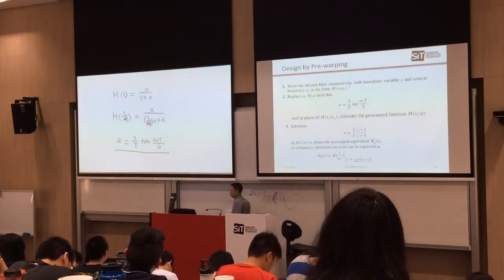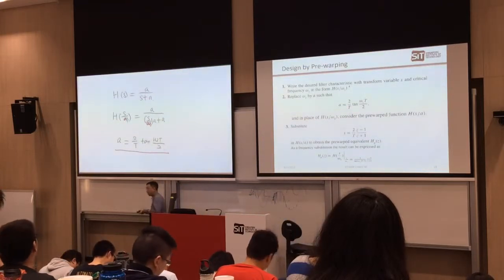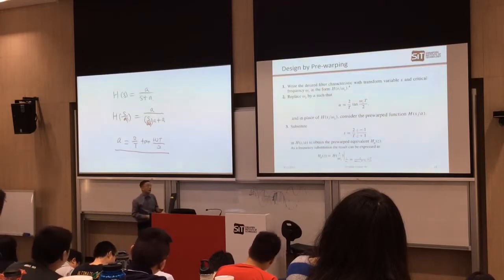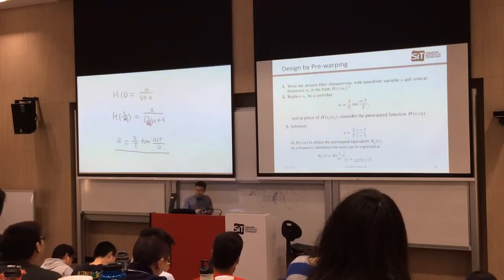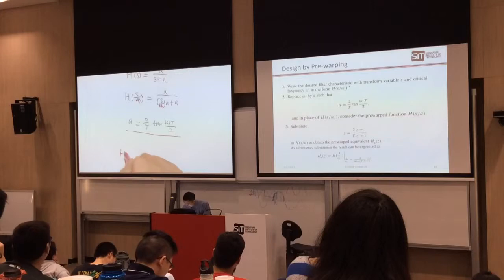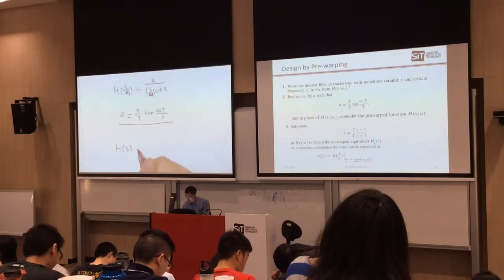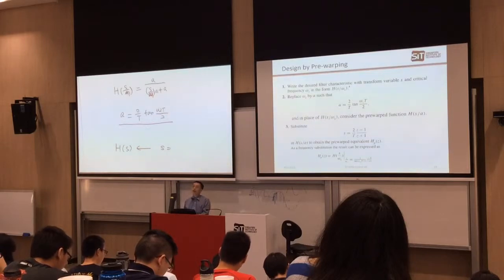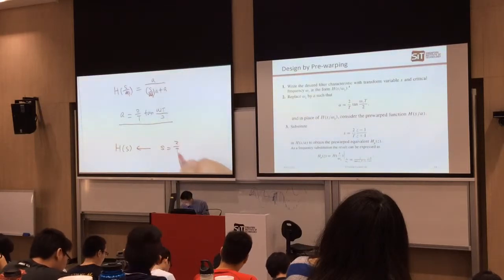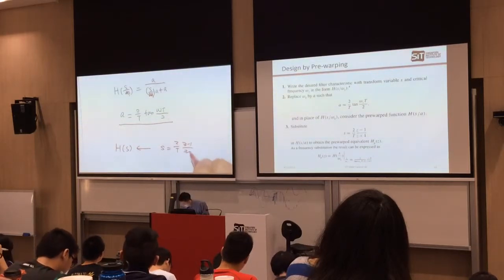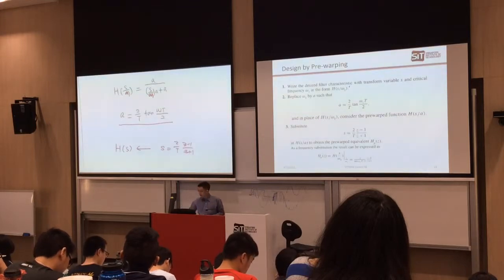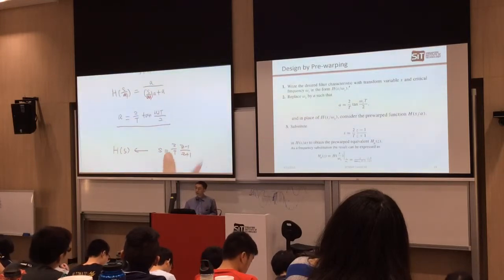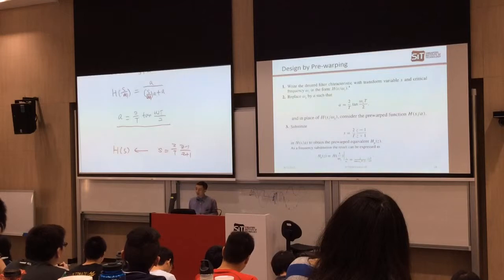So what's the difference? Where does the pre-mapping value come from? If you compare with the previous one, you have your S function, then you substitute your S as a Z function. This is your previous one. Previously, you substitute your S into your H(S) function directly.